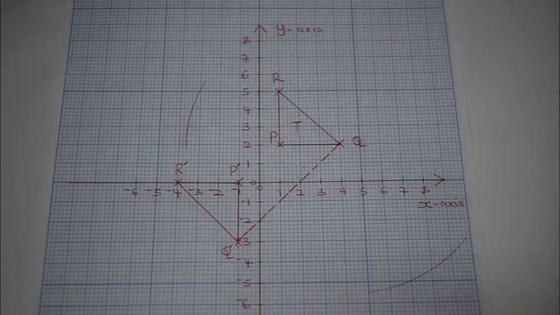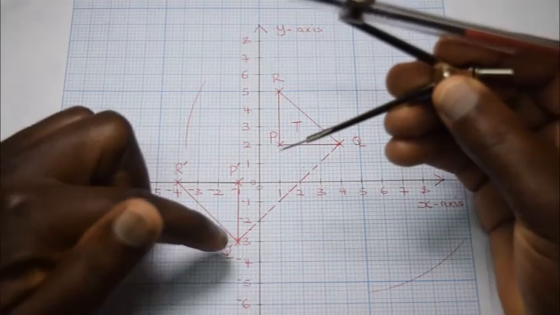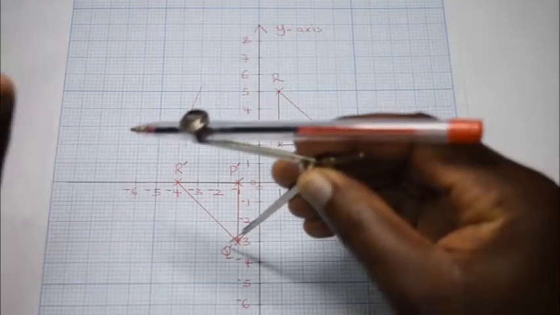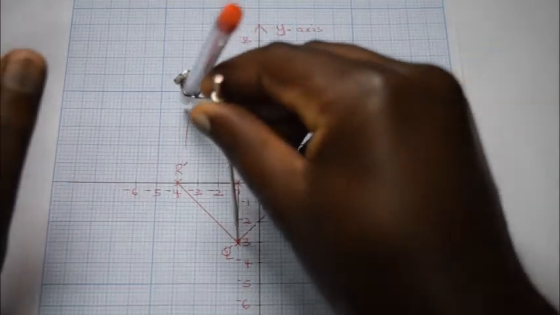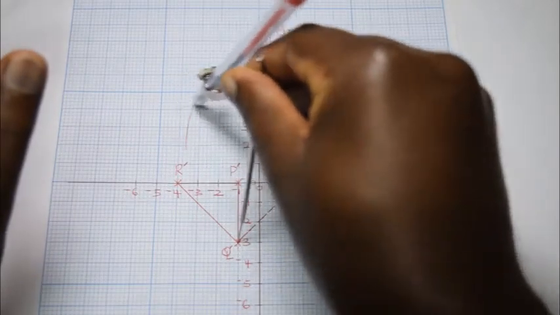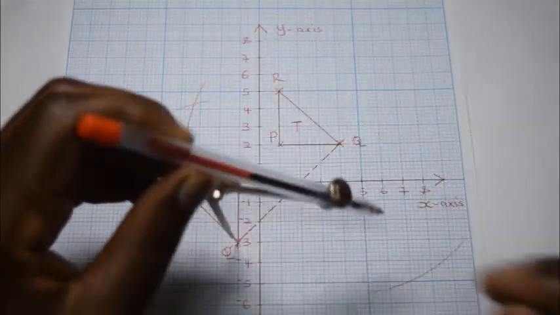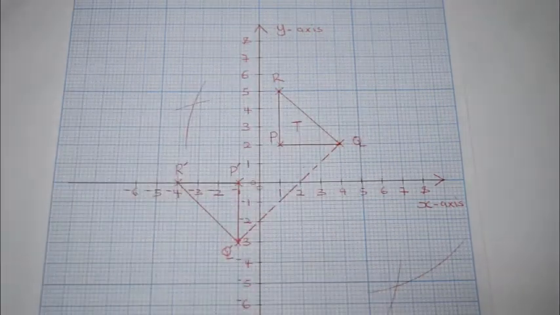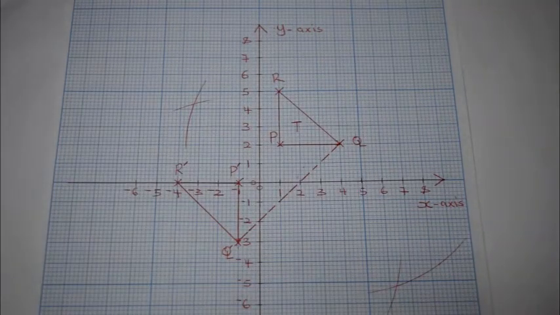Without changing the radius of the compass, position it onto the image point. Mark off 2 arcs on the opposite side of the line joining Q and Q prime, and let them intersect with the first 2 arcs.